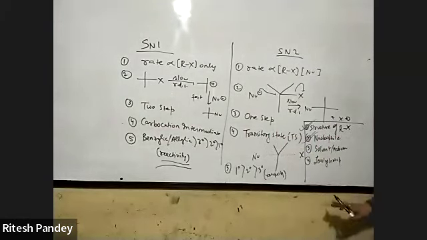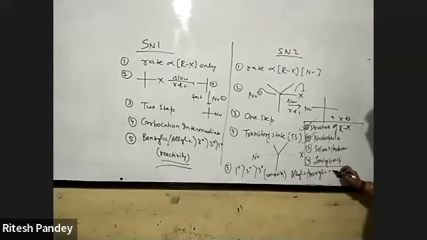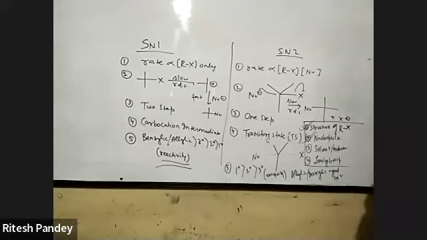Allylic benzylic में Sn1 अच्छा होता है, पर यहां पर allylic benzylic में in general Sn2 भी अच्छा ही होता है. ऐसा नहीं है कि हर बार they will be competing. Allylic benzylic होता क्या है? Allylic benzylic होता है next to a double bond, next to a ring.